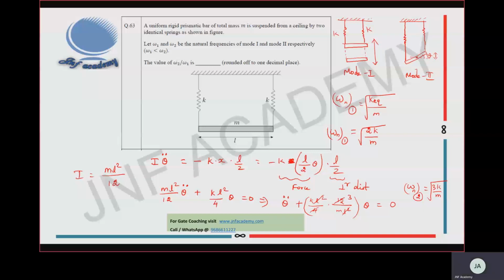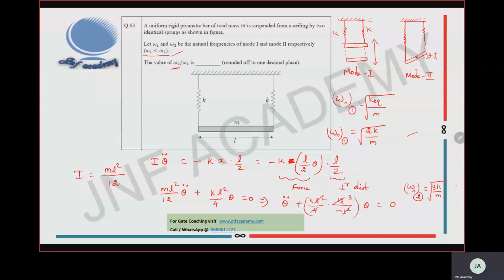So here the ratio which they asked is omega 2 by omega 1. They mentioned omega n1 is less than omega n2. If you look at these two values, you can understand: root 2 is there, here root 3 is there. This is 1.414 and this is 1.732, so this concept is satisfied.